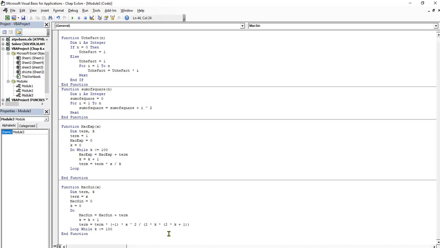So now let's test run this user-defined function inside Excel. Let's see whether it will give us the right result. We're going to compare the result it generates with that of the inbuilt function in Excel.